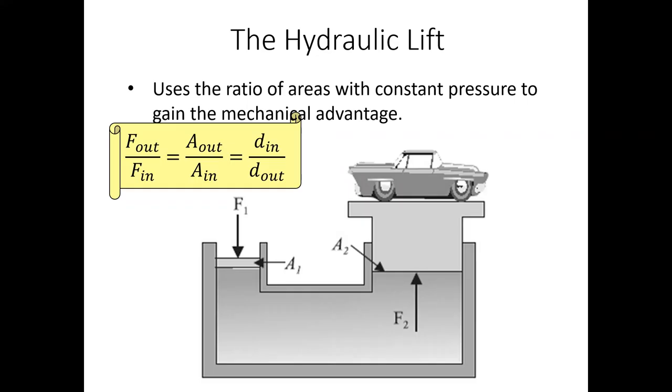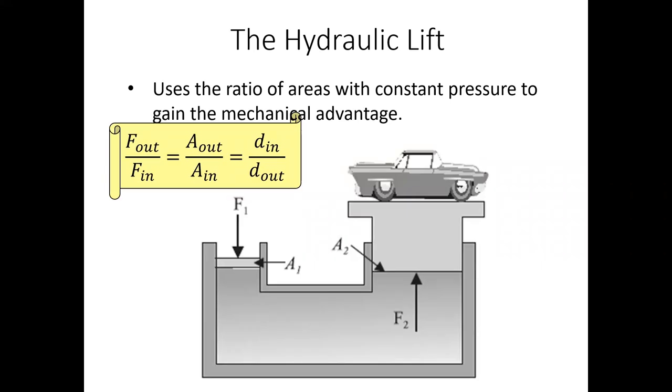So what we're saying here is that the output force divided by the input force is equal to the ratio of the output area, so the area of the piston which is pushing up, divided by the input area, which is the area of the piston that you yourself are pushing down. Okay, so that's the first equation right there.